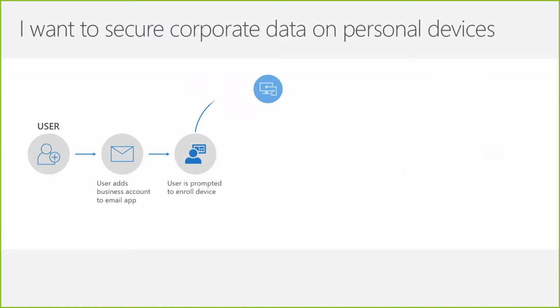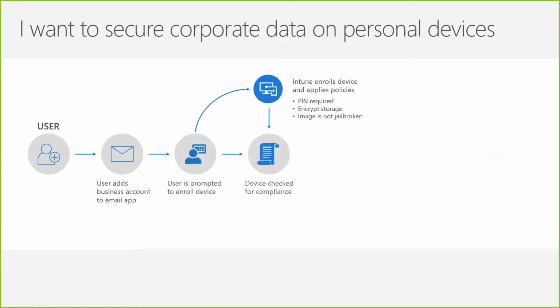Another scenario is to secure corporate data on a personal device. The user adds a business account to his email app, and the same story applies: the user is prompted to enroll the device. Intune is just checking the minimum device compliance, like the OS version or which mail client version you use.